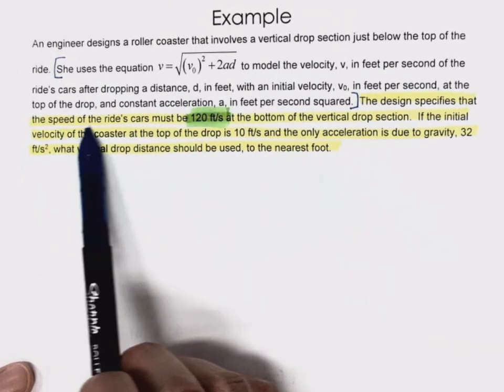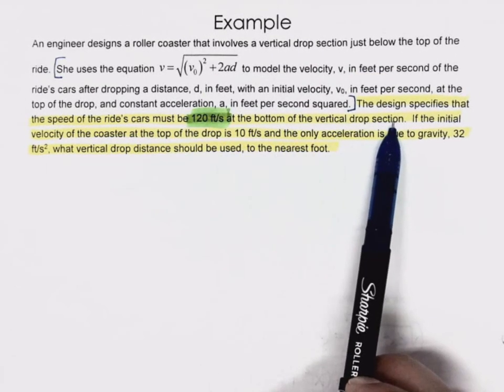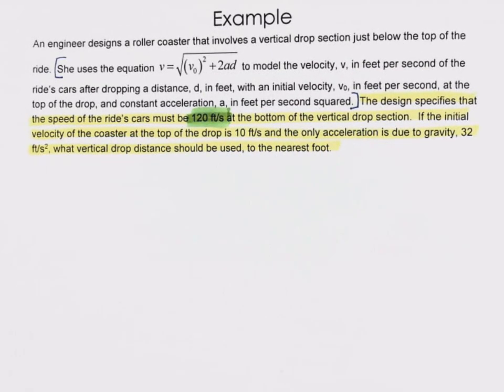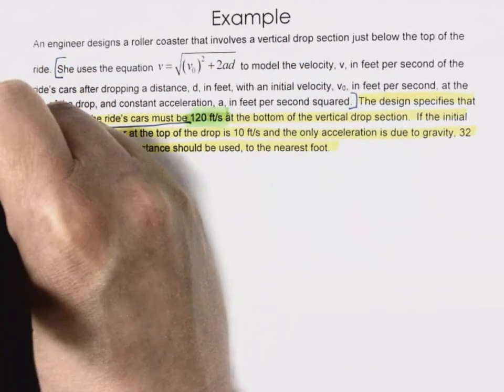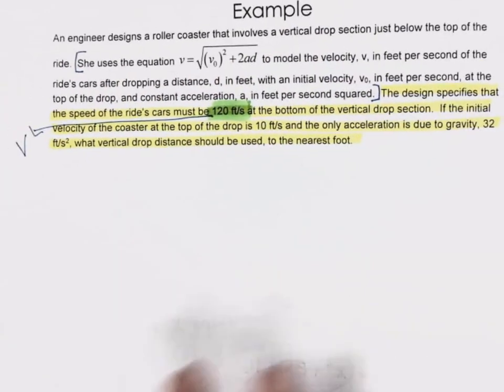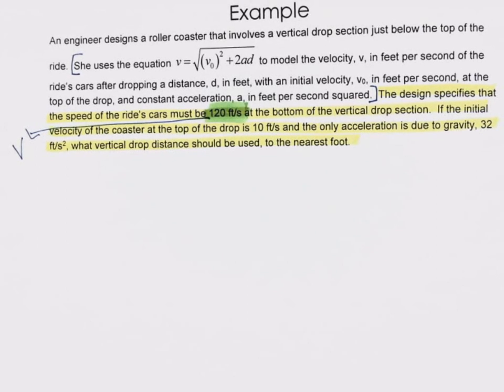So after it's dropped, it has to be going that fast so that it can make its next turn and continue on. Okay, so we know that that is V.